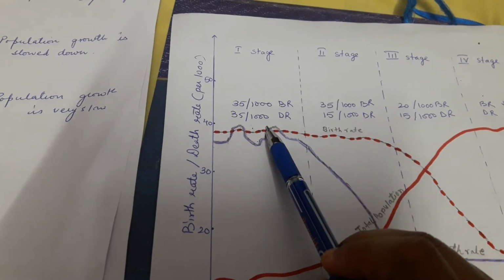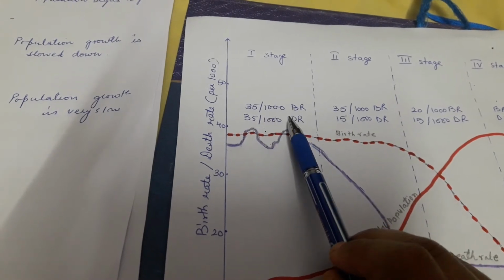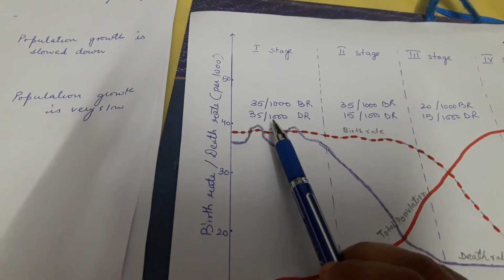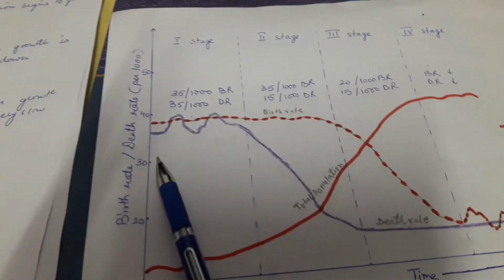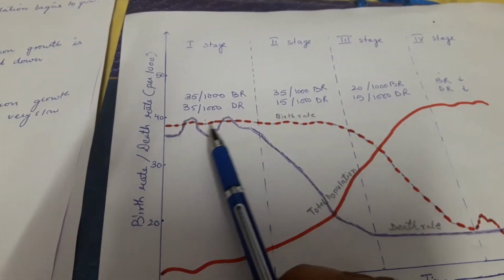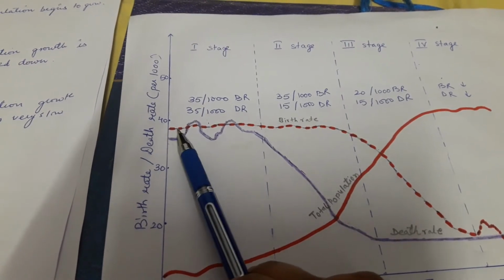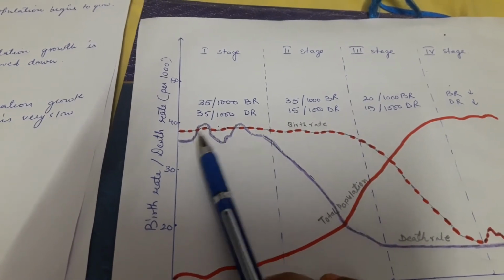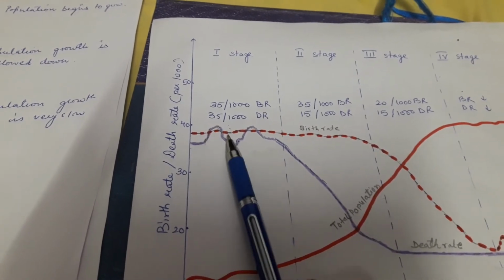Now, what is the first stage? The first stage is 35 births per 1000 persons and 35 deaths per 1000 persons. This broken line is the birth rate, near 35 or maybe 37. In this particular stage it is stable, and even the death rate is around 35-37.